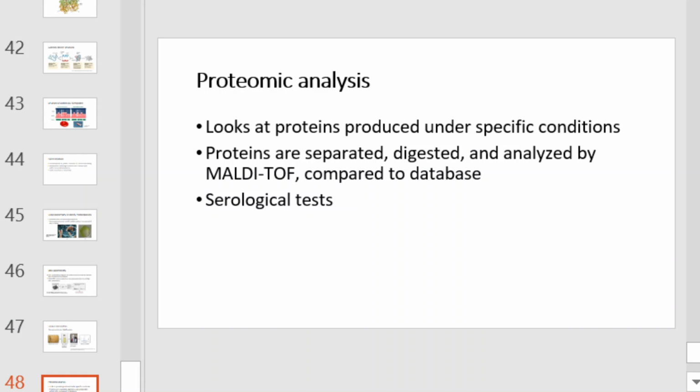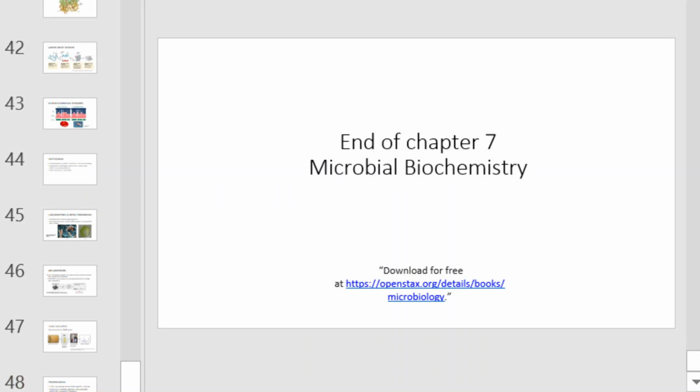Proteomic analysis looks at proteins produced under specific conditions for the same purposes as the previously mentioned experiments, to ID and classify an organism. Proteins will be separated, digested, and analyzed, and then compared to a database. This brings us to the end of Chapter 7, Microbial Biochemistry.